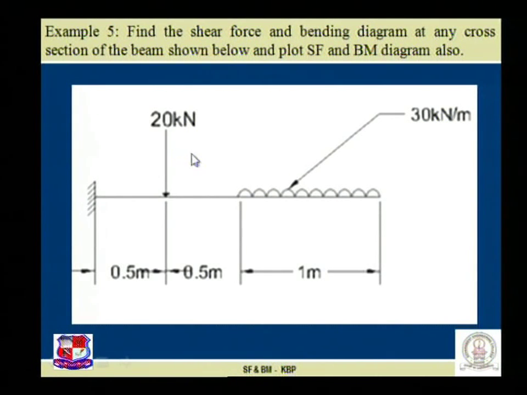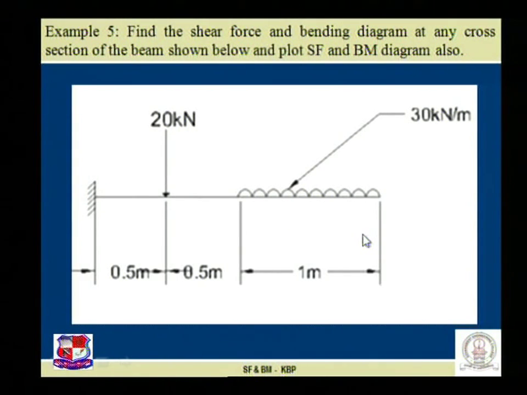Now our first step is to find the support reactions. Let us revise one important point: it is not compulsory to find the support reactions for a cantilever beam, because if we take a section and consider the right part, then we can easily determine the internal force quantities, the shear force and bending moment at the section, since the support reaction will not be encountered on the right part.